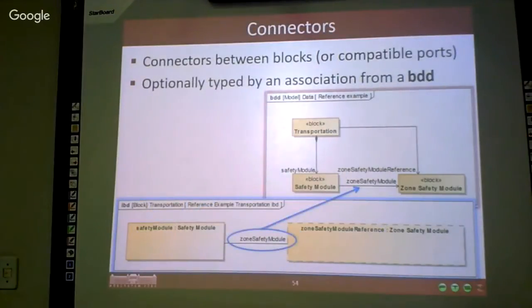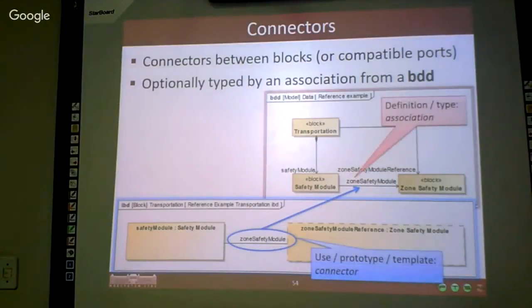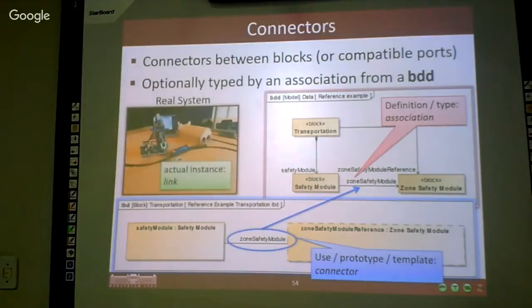And you can also instantiate and use the connectors. And here you can see that there was the zone safety module association, which is used here as a connector. And when it is used in a physical system, then the actual instance is called a link.